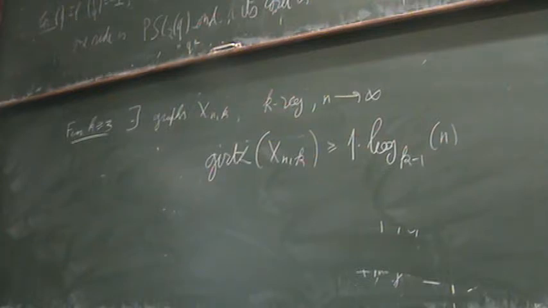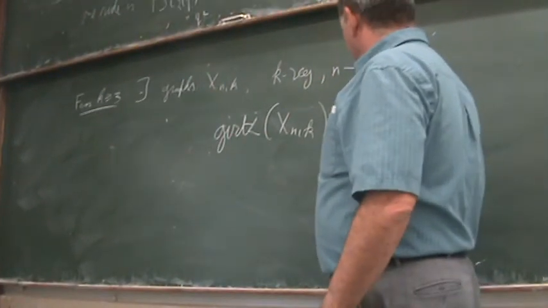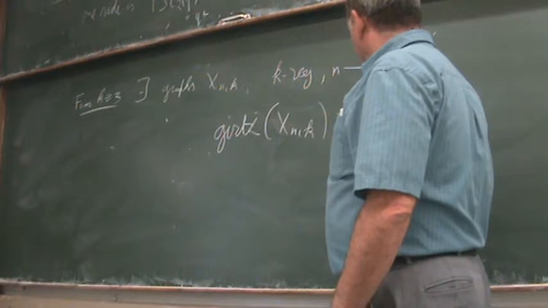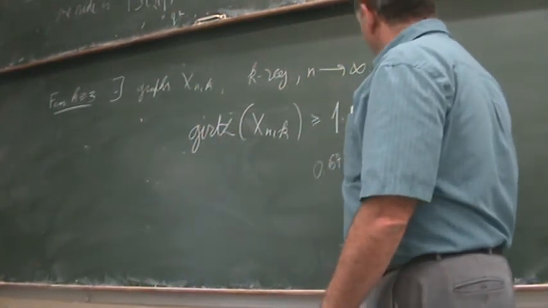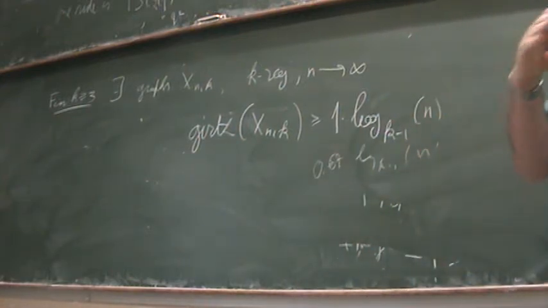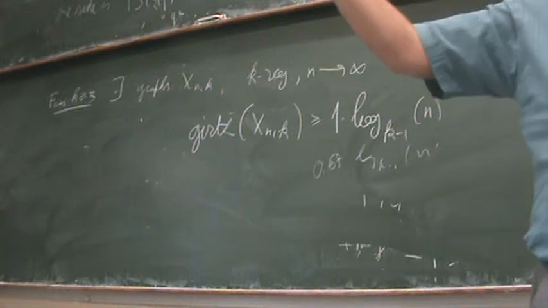Various authors then made explicit examples, and they got numbers like 1.54, then 1.67 times log to the base k-1. That's usually the game. You try to be as good as random.